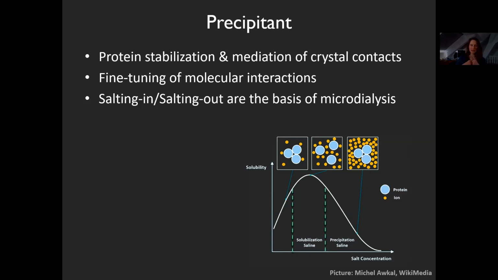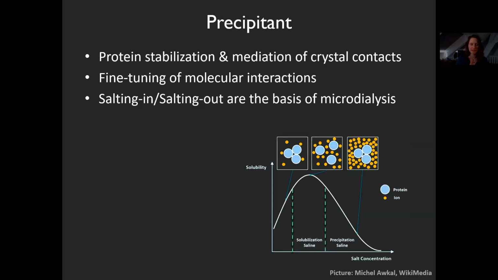The protein likes it if there's a little bit of salt and it can satisfy all the possibilities for ionic exchanges on the surface, like a lot of interactions. But if there's too much salt, the protein likes to stick together again. This is basically salting in and salting out.